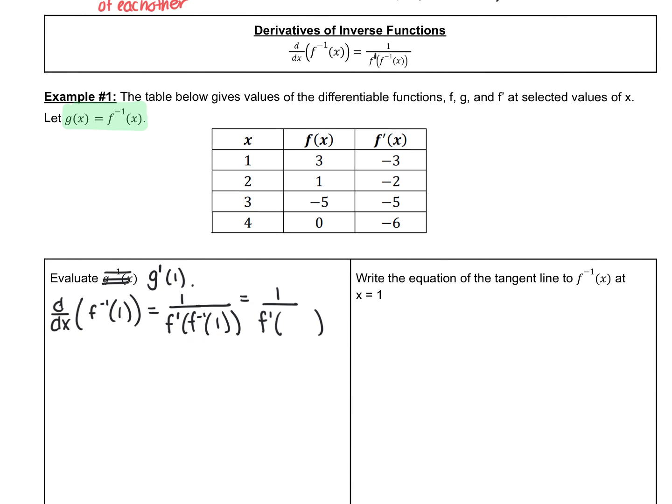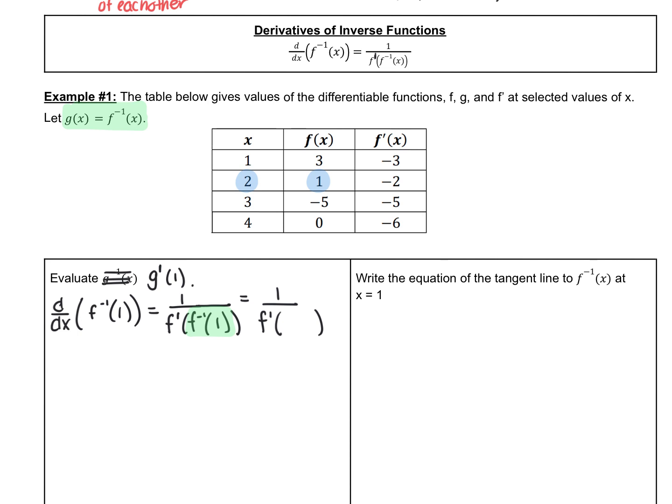So that is the inverse of 1. What you're actually looking for in this chart, I know it looks like it's in the x value, but you're really looking for the y value to be 1, because it's the inverse. You're looking for a y value to be 1, not the derivative, the y value to be 1. And that happens here. So that means my x value is 2.